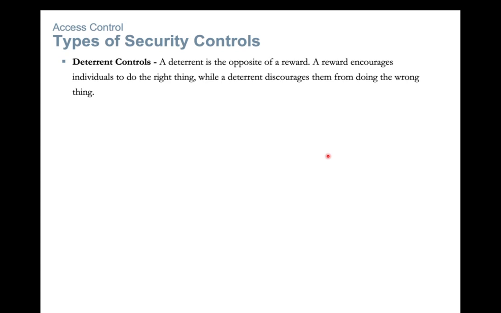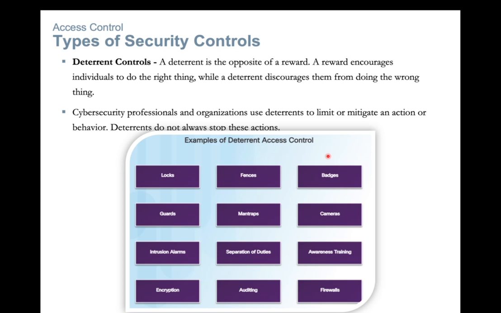Access control deterrents discourage cyber criminals from gaining unauthorized access to information systems and sensitive data. Access control deterrents discourage attacking systems, stealing data, or spreading malicious code.